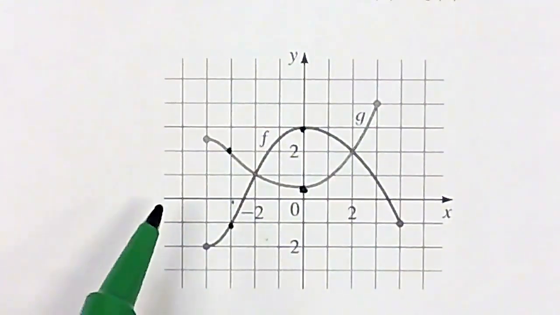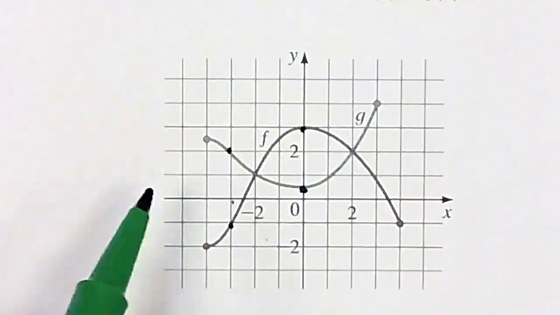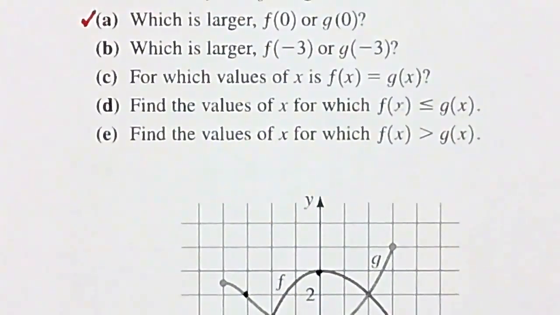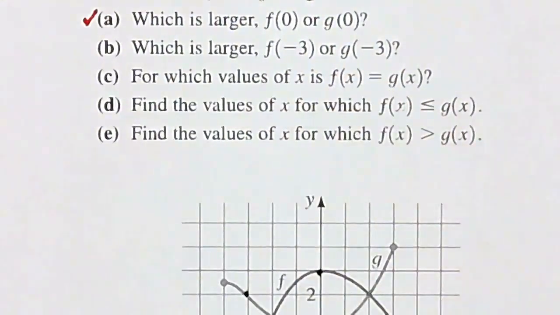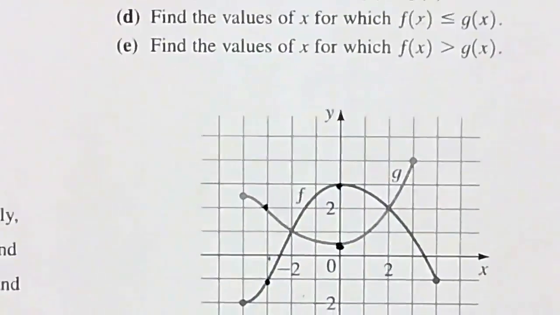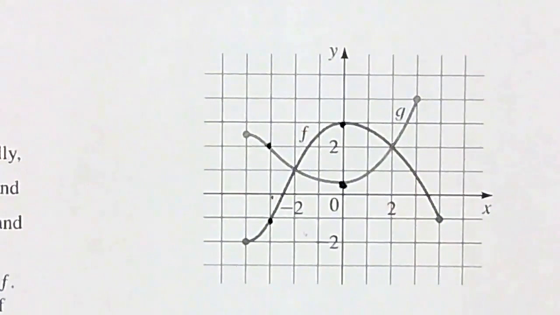For part C, I know you guys can't see it, but just follow my words. For which of the values of X is F of X equal to G of X? Okay, part C, right here. And if we go, where are F and G equal to each other? 2 and -2, where they cross, right?